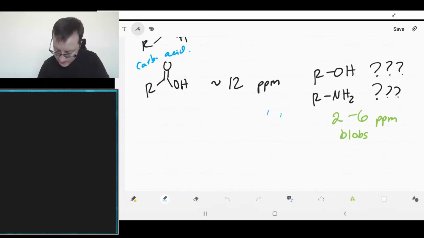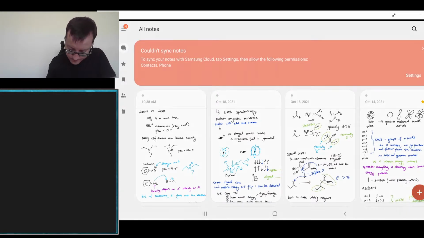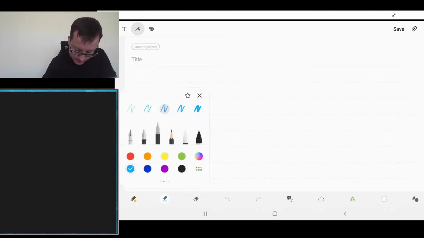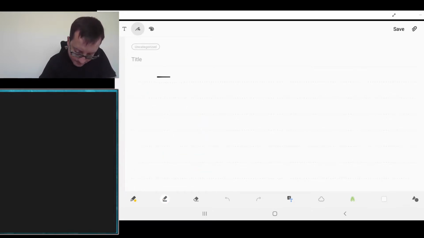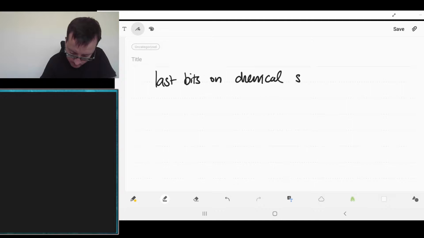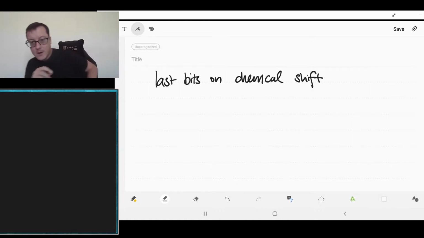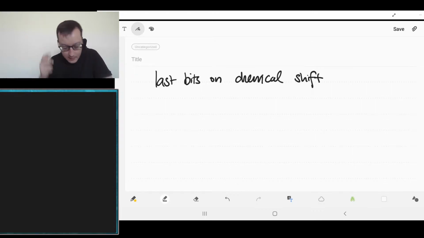Okay, cool. So I have just a couple more bits about chemical shift to share. The last little bits here. With chemical shift, the more obvious chemical shifts are for alpha hydrogens.